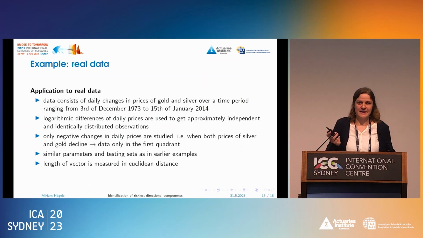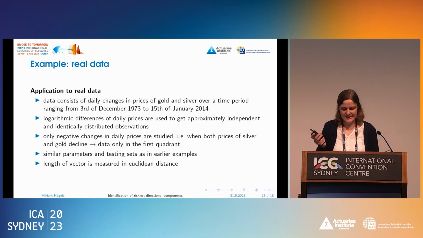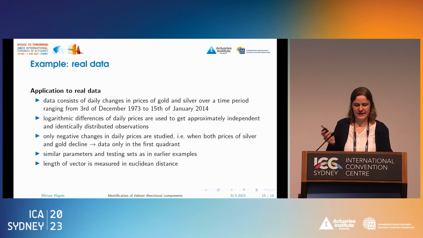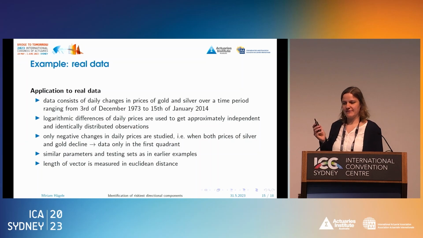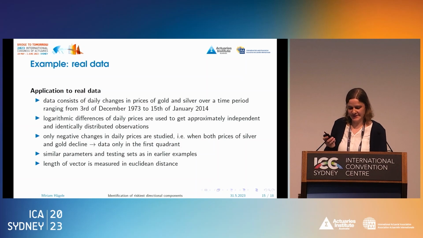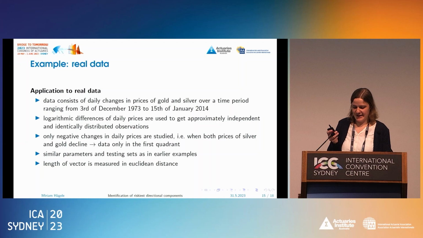And in the last example, we took some real data. We took data of daily changes in prices of gold and silver over a time period from 73 to 2014. We took logarithmic differences of these daily prices to get approximately independent and identically distributed observations.